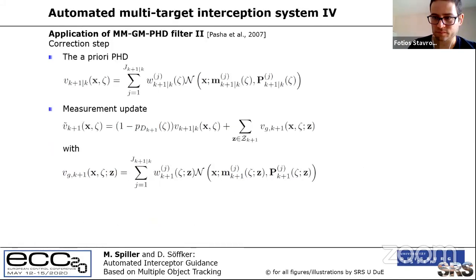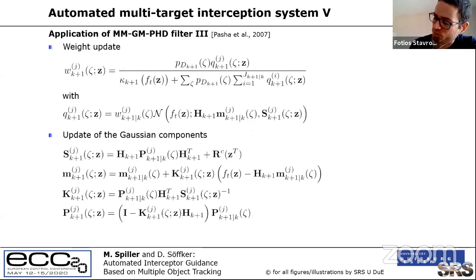In the measurement update of the GM-PHD filter, the first term describes that the moving object is not generating any measurements in the current time step based on the detection probability, and the second term describes that there are target-originated measurements which can be used to update the Gaussian components, so the means and the covariances, which is further described in the next slide.